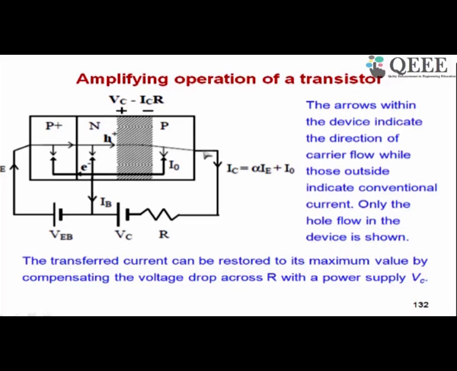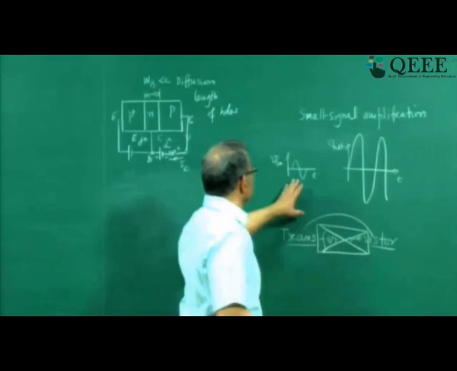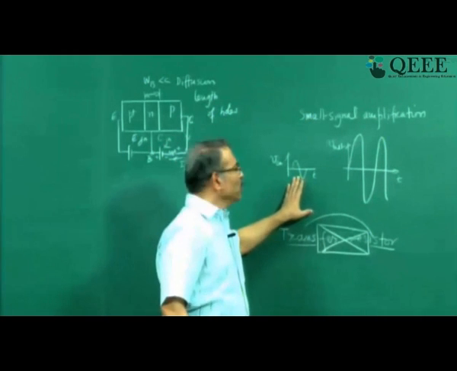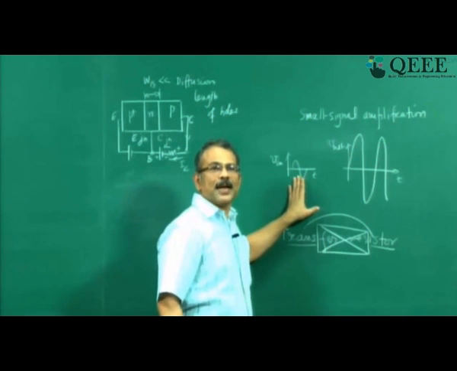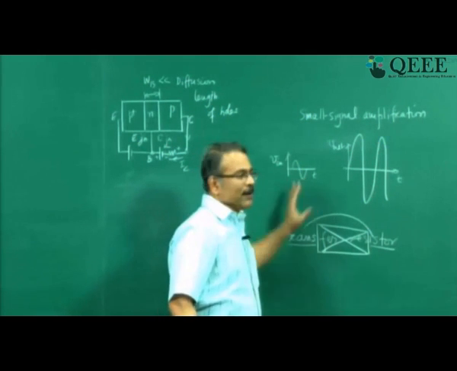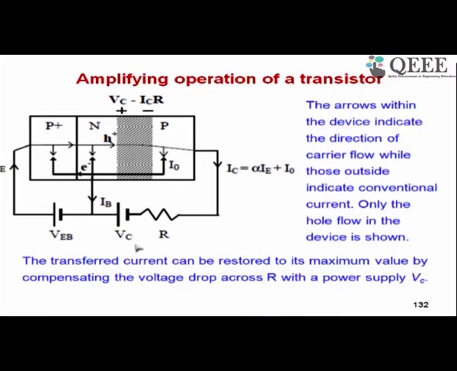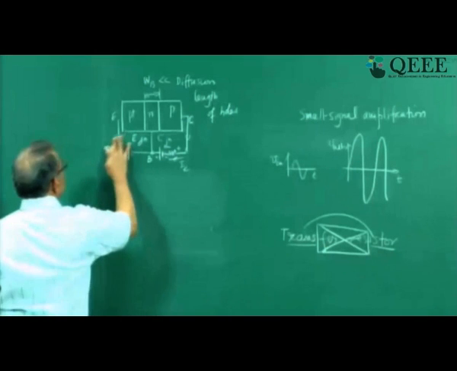Now unfortunately I cannot always maintain VC to be equal to ICR, because the collector current will change when I change the emitter base voltage, and just now we said our amplification is a small signal amplification, which means I am going to vary my emitter to base voltage, that is my input, right. How do I vary the emitter base voltage? I can, for example, put a small signal source here.